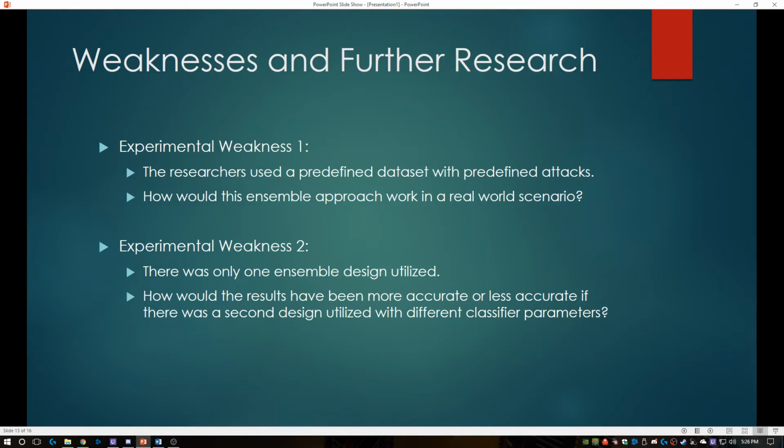Interestingly enough, there are some experimental weaknesses that I inherently thought of when I was reading through this article. One of them being the researchers used a predefined data set with predefined attacks. As stated previously, there were 39 different attacks that were defined across 4 different categories in this predefined data set.